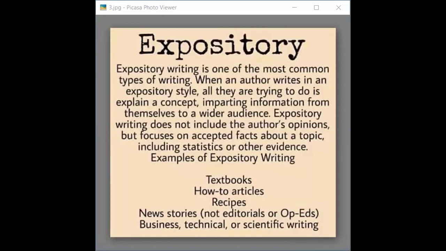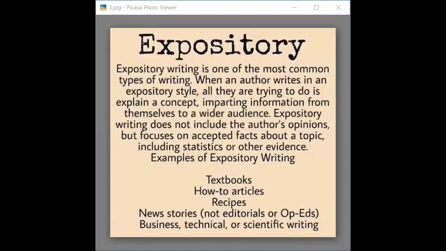Expository. Yes, read. Continue. Hurry up. Expository writing is one of the most common types of writing. When an author writes in an expository style, all they are trying to do is explain a concept, imparting information from themselves to a wider audience.